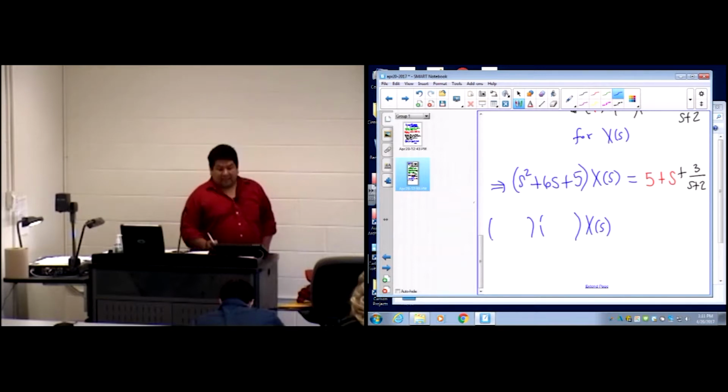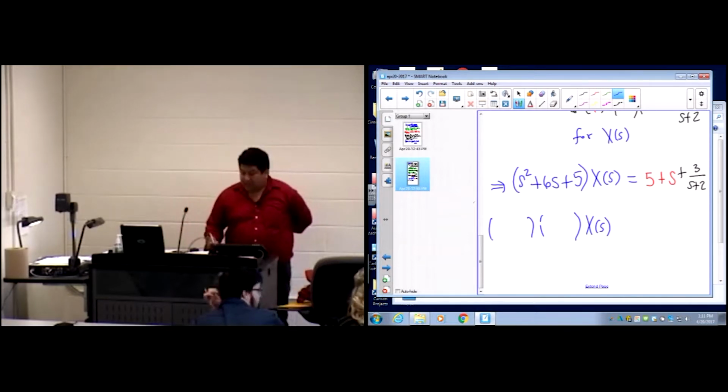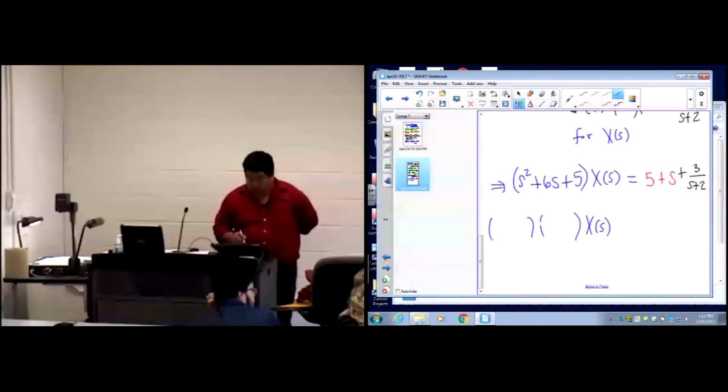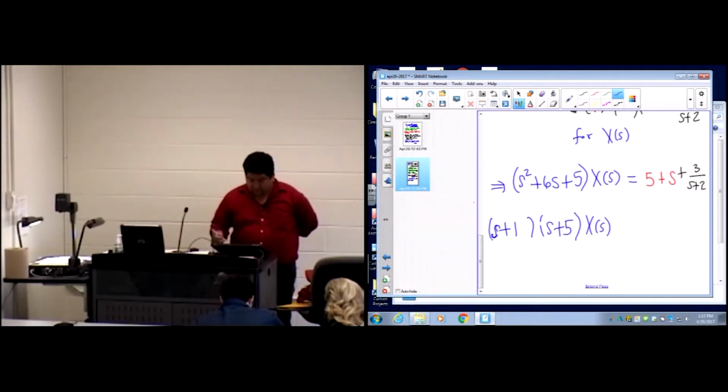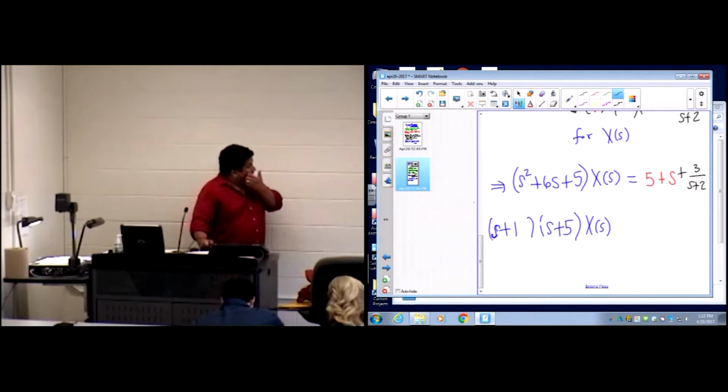Now, the left-hand side, we can also write this as a fraction with common denominator S plus 2. Numerator gets a little more involved, so that numerator could be written as S plus 5 times S plus 2 plus 3.